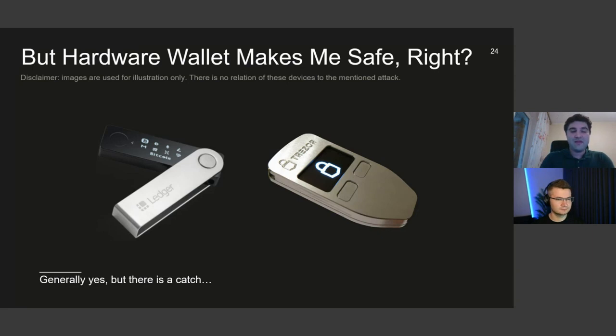And they knew that if the victim expects that they have to approve a transaction, and in most cases, addresses are super long, hard-to-read hex addresses, the victim would not check carefully, would not check all of the information presented in the hardware wallet.